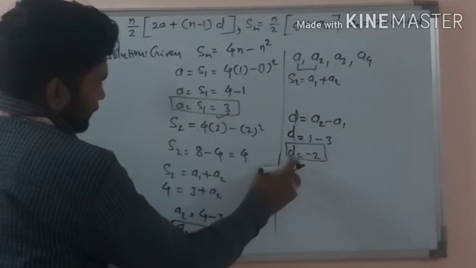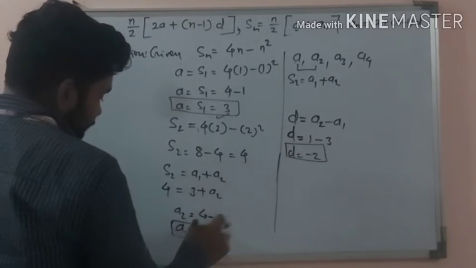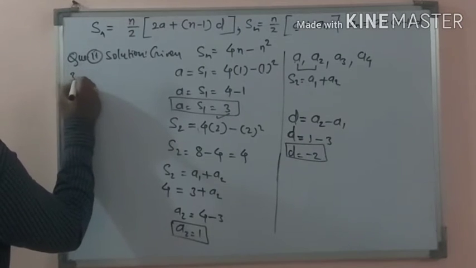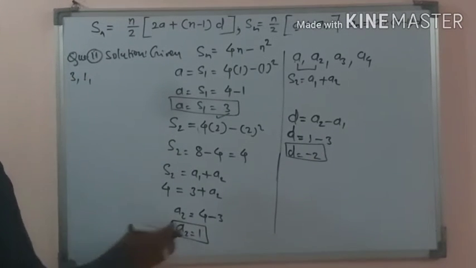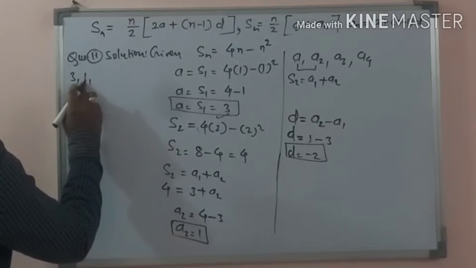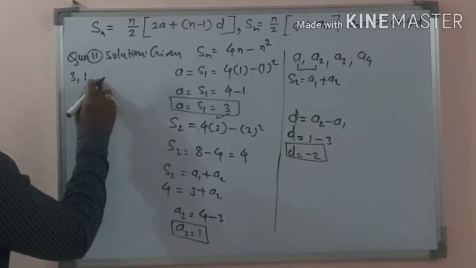A is the first term and the second term is 1. So our series is 3, 1, and the difference is minus 2.